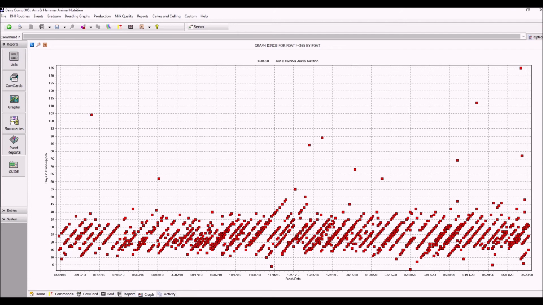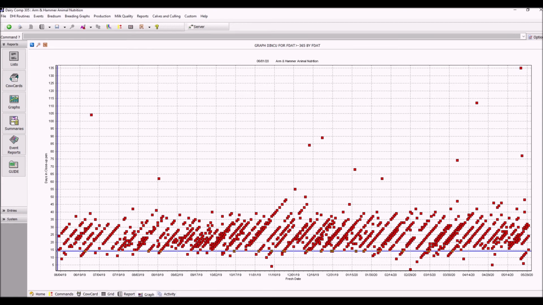But one of the things that I always look at is how many animals spend, for example, less than 14 days in the close-up pen. So I know that this is the group of animals that are going to have issues with transition, and these are the ones that I want to minimize and reduce the number of animals in this window.